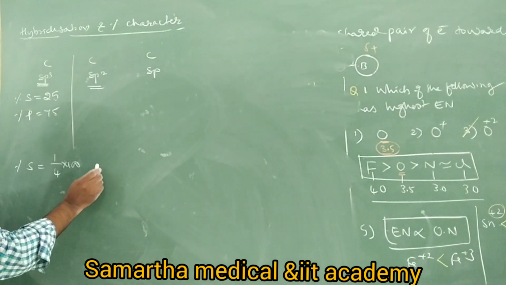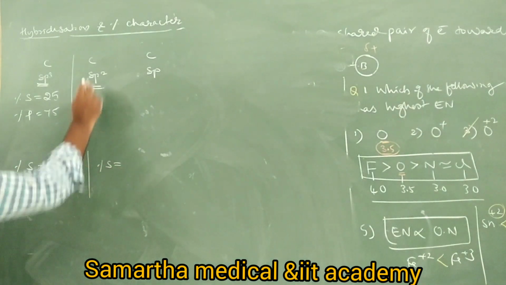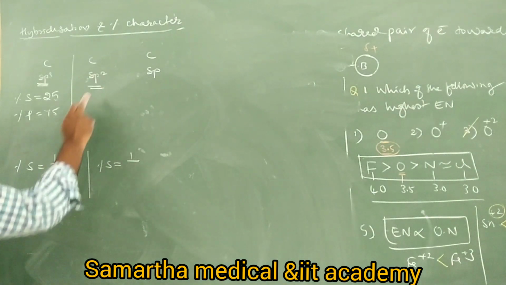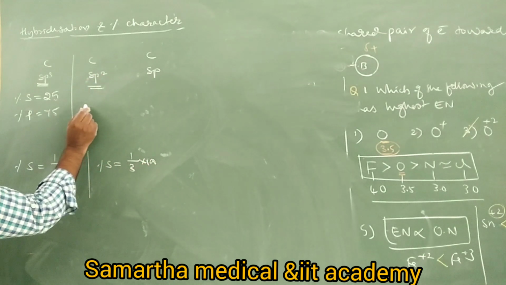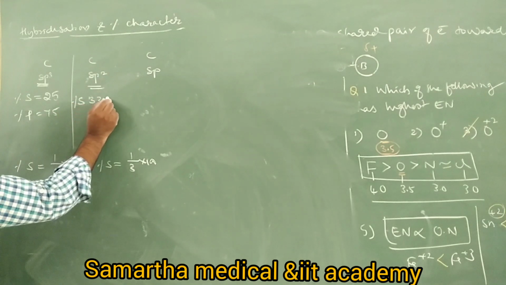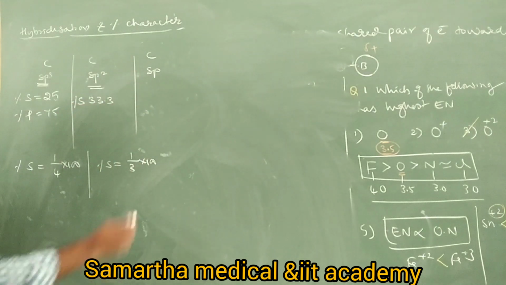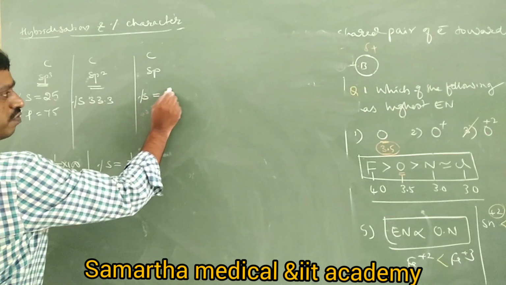Similarly, in sp2, S is 1 part, P is 2, total is 3, times 100, which gives approximately 33.33 percent S character. In sp it is 50%.